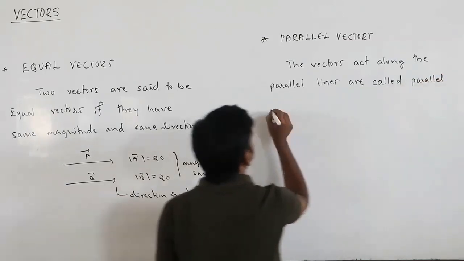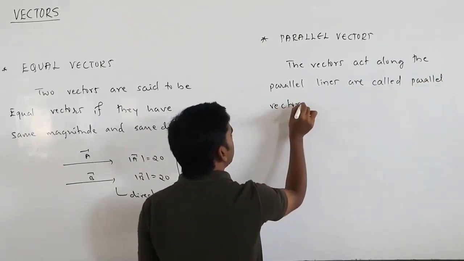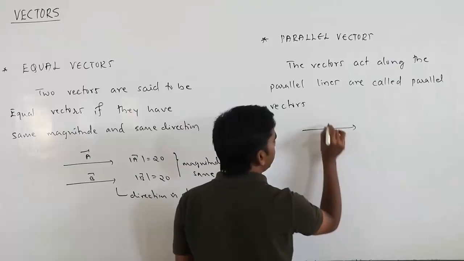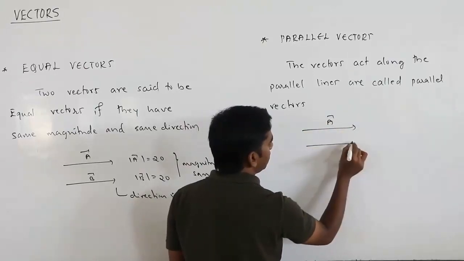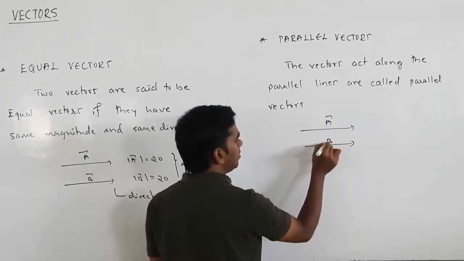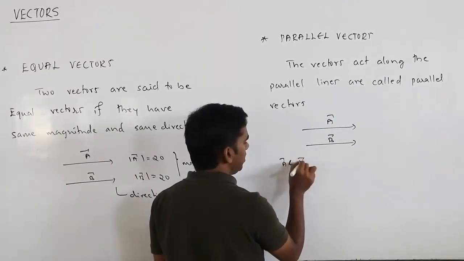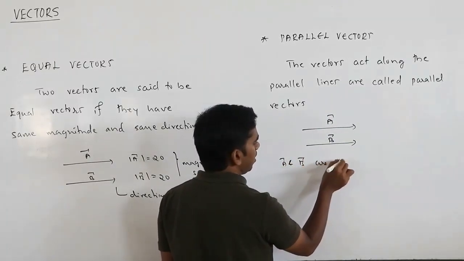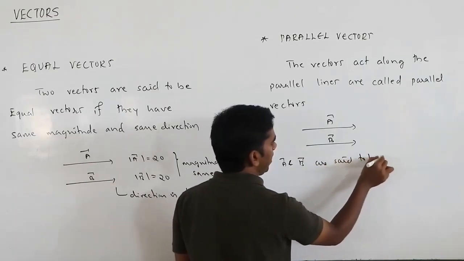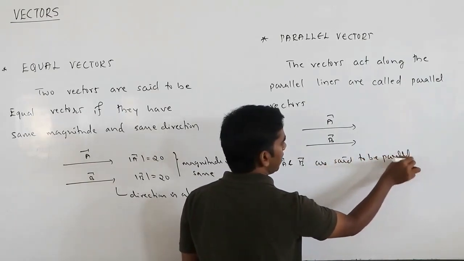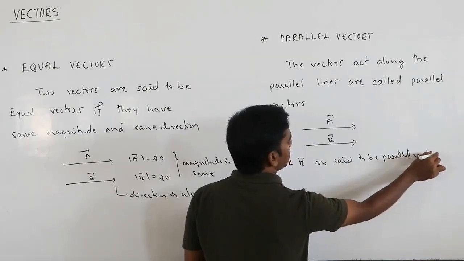If this is vector A, and you take another vector B over here, then vectors A and B are said to be parallel vectors.